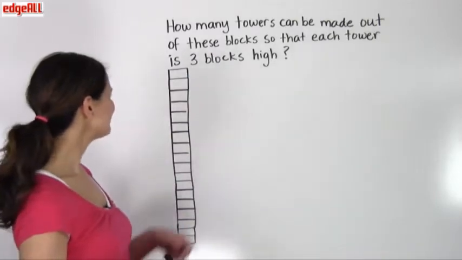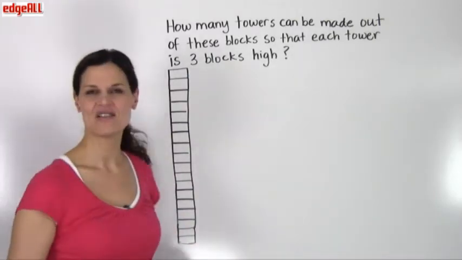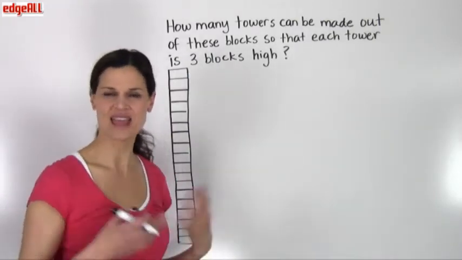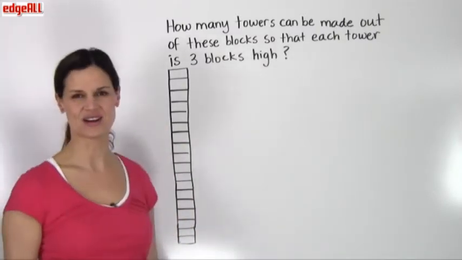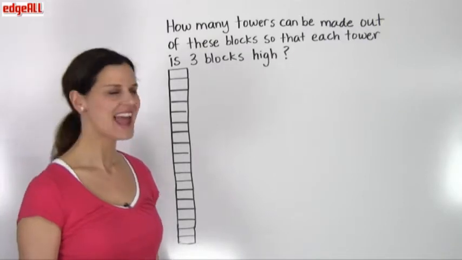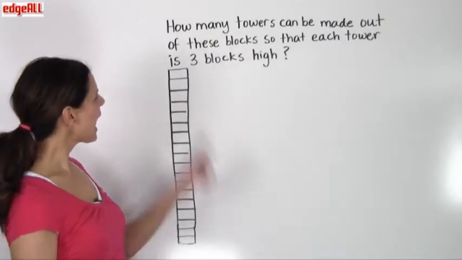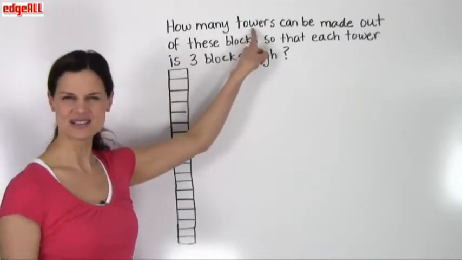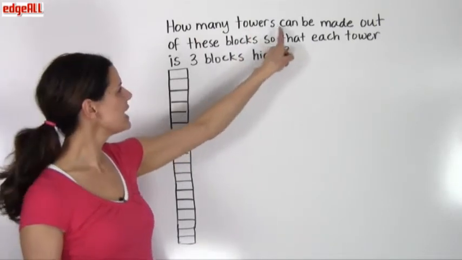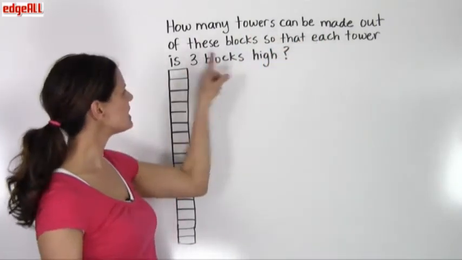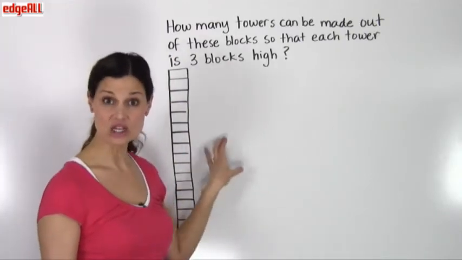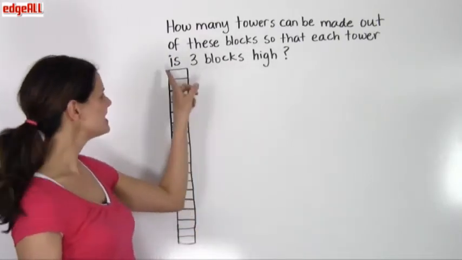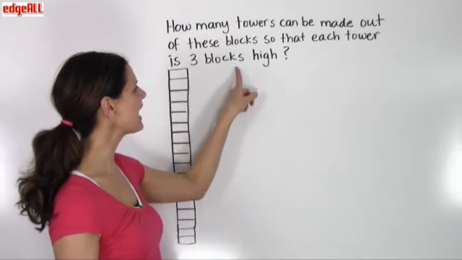So imagine that we have a stack of 18 blocks, or we have a set of 18 blocks. I've drawn a little picture here of our 18 blocks, and our question says, how many smaller towers can be made out of these blocks so that each of our smaller towers is 3 blocks high?